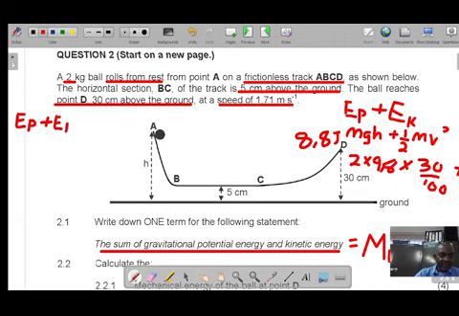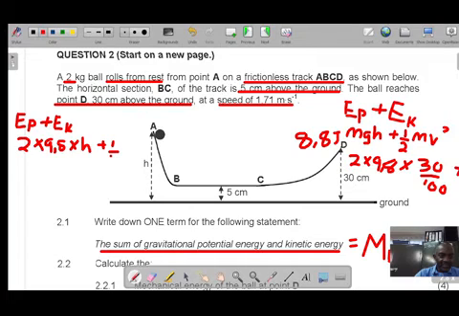Talk to me. Now, EP is MGH, ne? But the mass is still 2. It's still the same ball. That's going to be 2, ne? Times 9,8. That's MGH, 9,8. Okay. What about my height? That's what I'm looking for, times height H. And then plus I have mv squared.